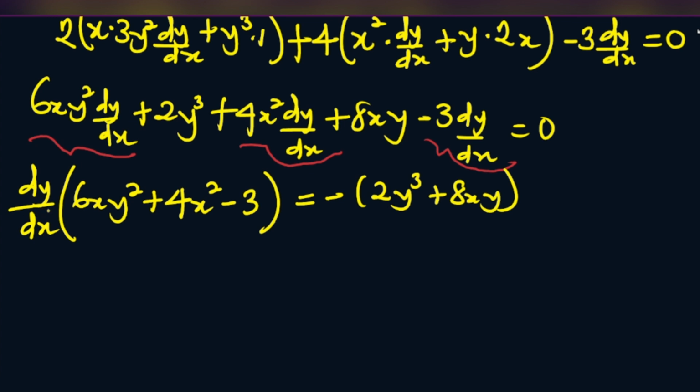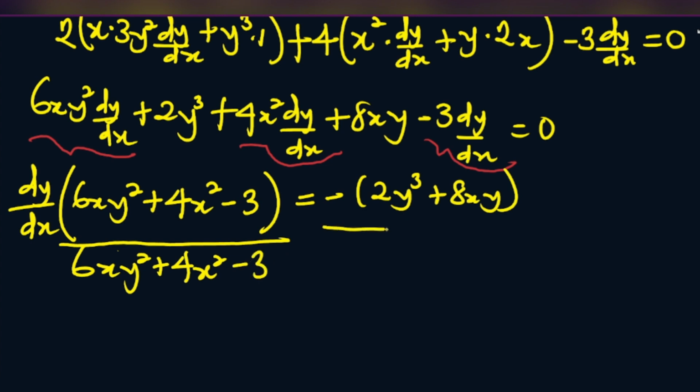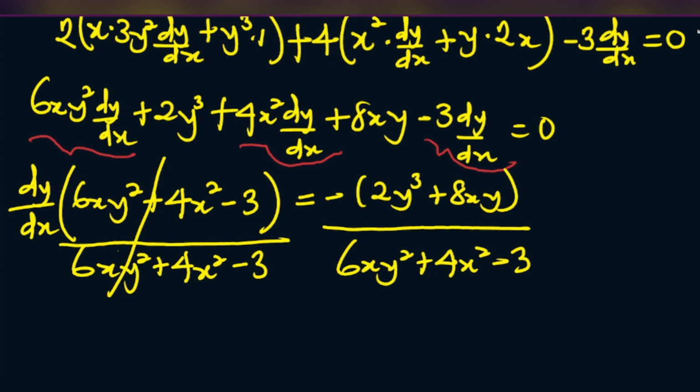And in order to isolate dy dx, we will divide both sides by its coefficient, which is 6xy squared plus 4x squared minus 3, over 6xy squared plus 4x squared minus 3.